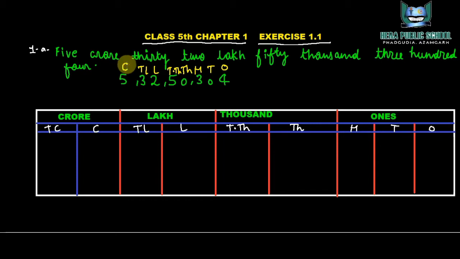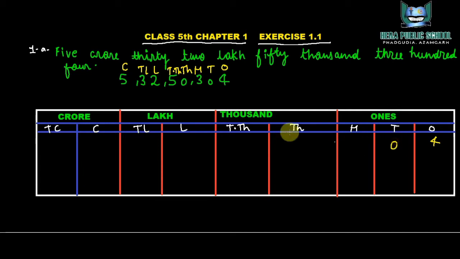Okay, so from rightmost here we get 4. First we get 4. So first we write 4 at the ones place. So 4, and 0 is in the tens place. So we write 0 in tens place.